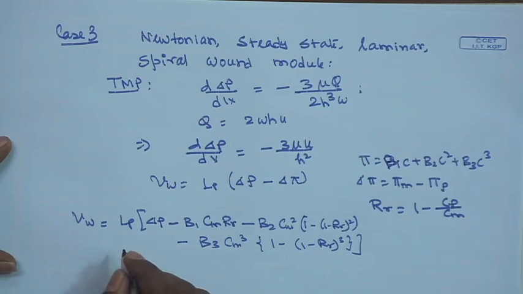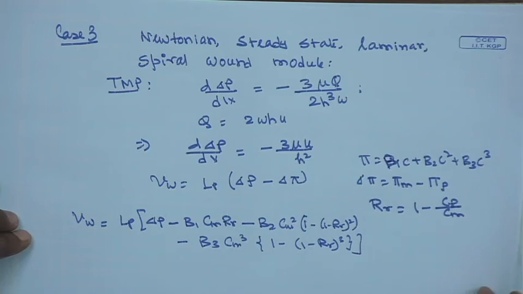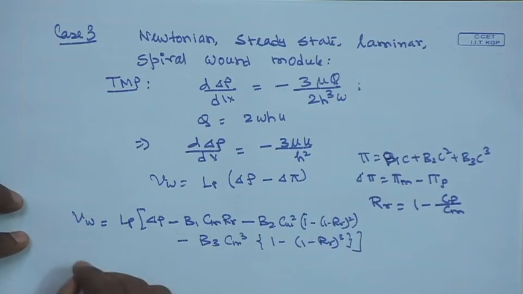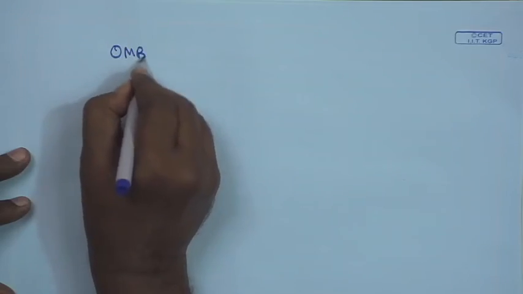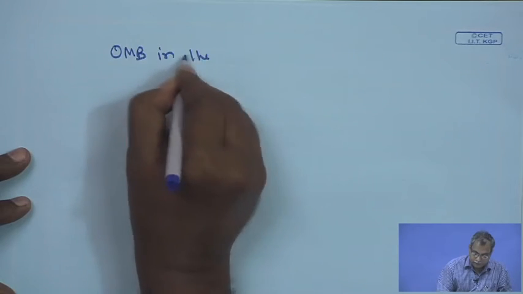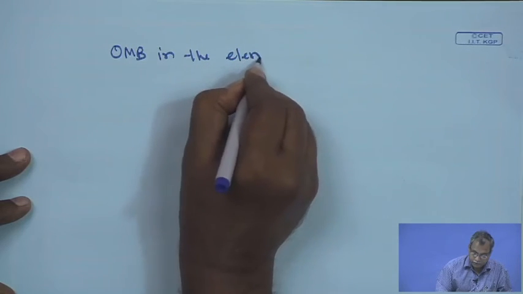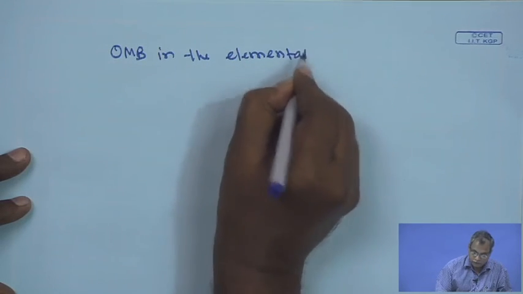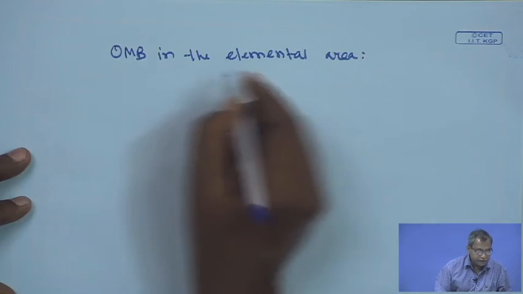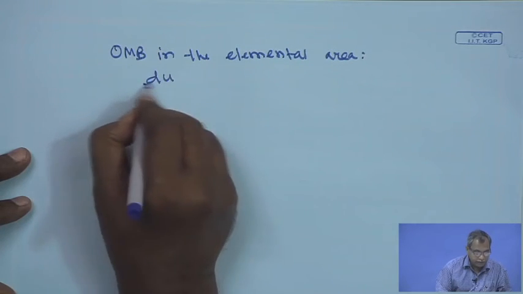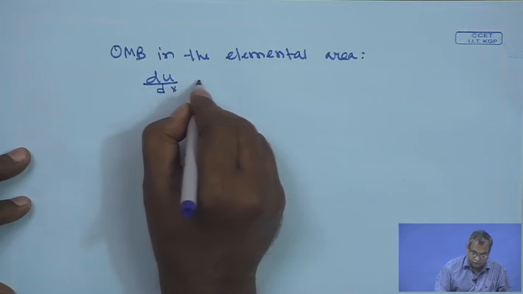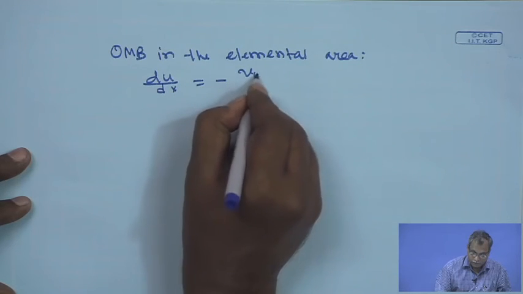Now we will be doing a solute mass balance in the differential area. If we do an overall material balance first, in the channel in the elemental area, exactly like the previous cases, we will be getting du dx is equal to minus V w by h.